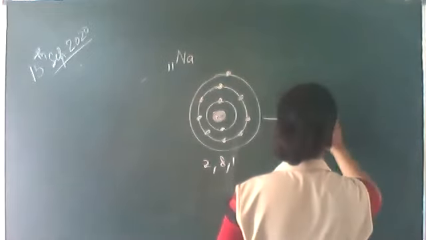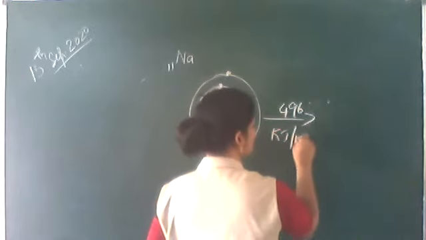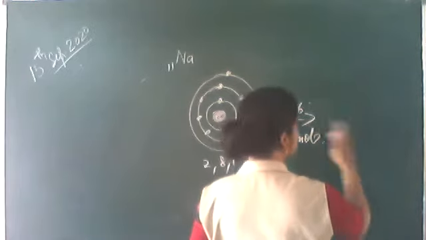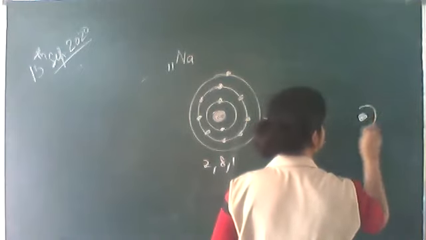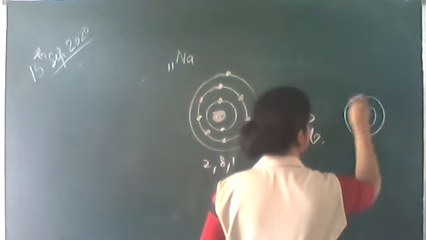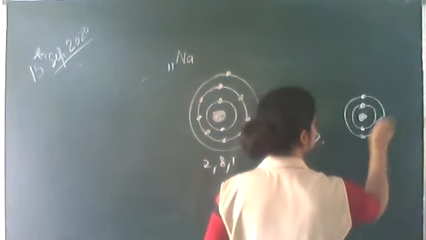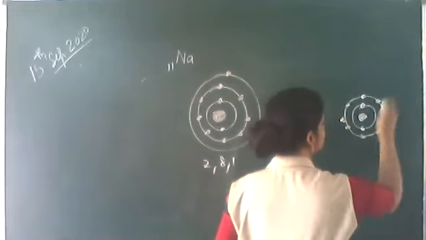Size of the new species is decreasing. How? This is the nucleus, and first shell 2 electrons and the second shell 8 electrons. Only 10 electrons now.